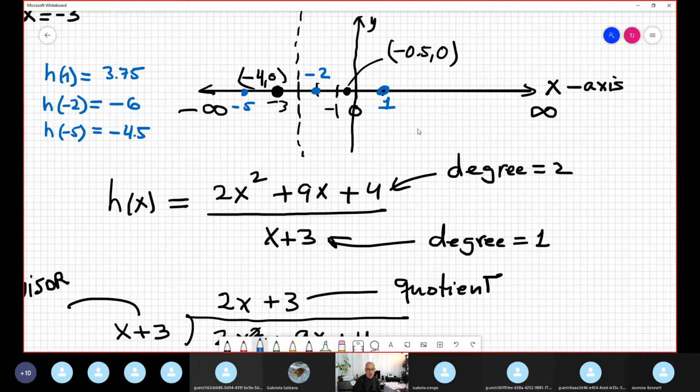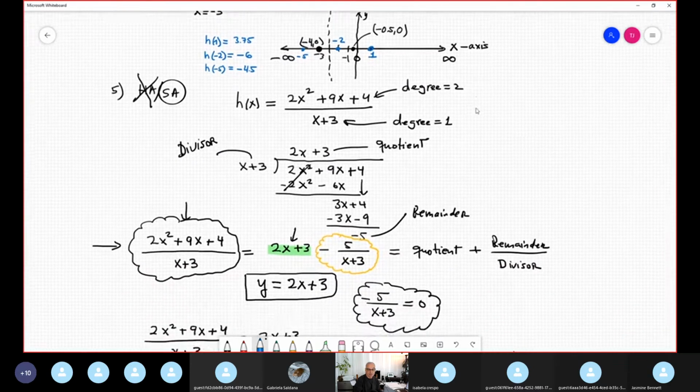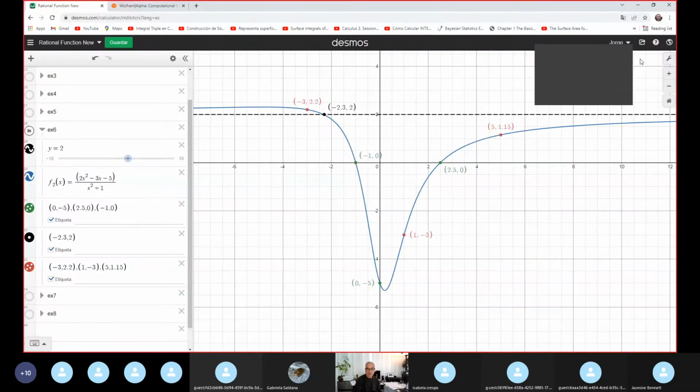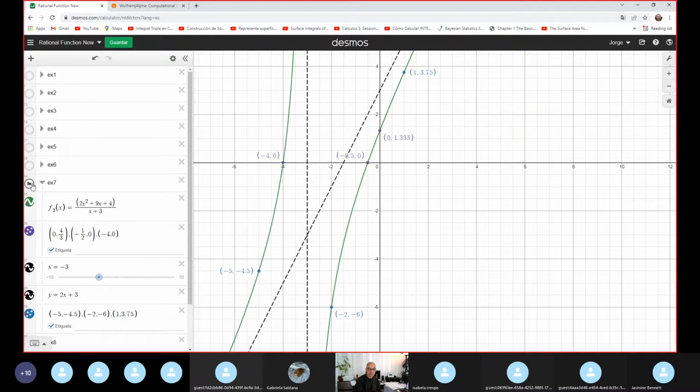Okay, entonces now, with this information, I open Desmos and I see my curve. Let me try. Do you see? Yes. This is example 7. Look.